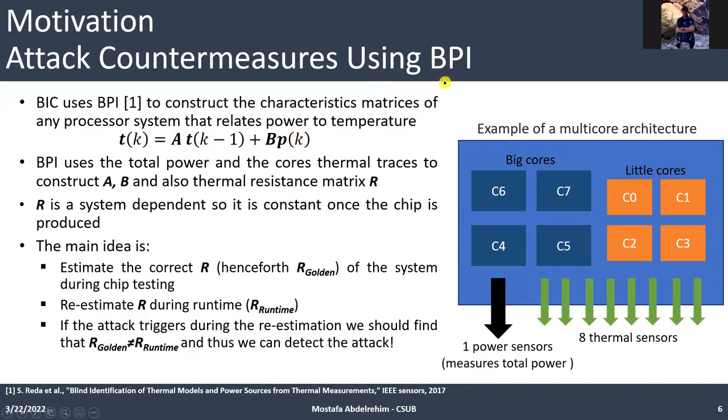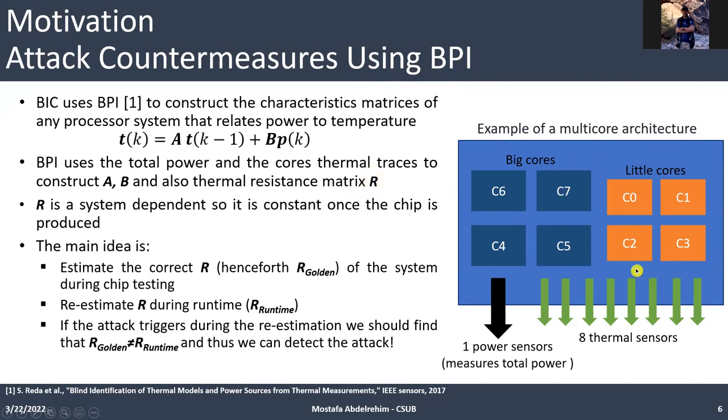BBI is an algorithm that uses the total power and the thermal sensor reading of each core to construct A and B. And along the way, it will construct another matrix called the thermal resistance matrix, R, which is a very important matrix that is dependent on both A and B, and is also constant for the system.